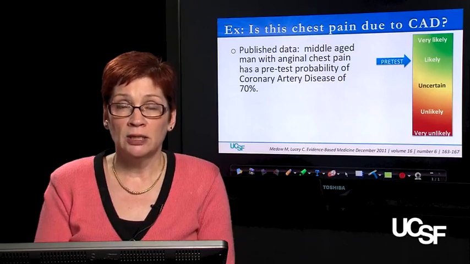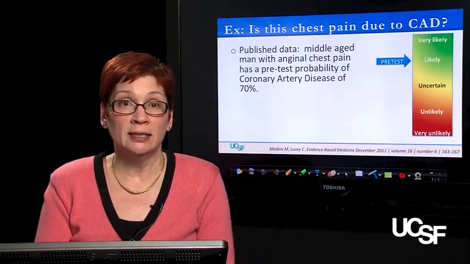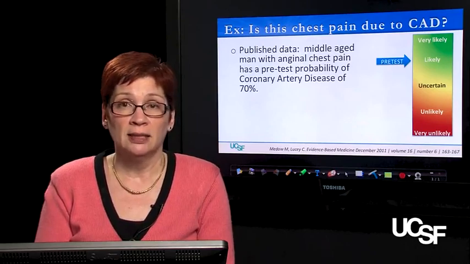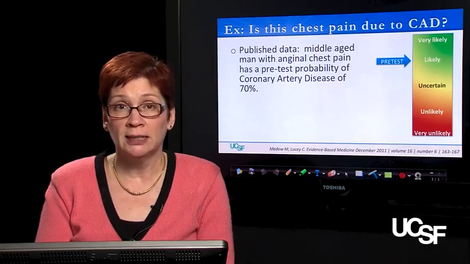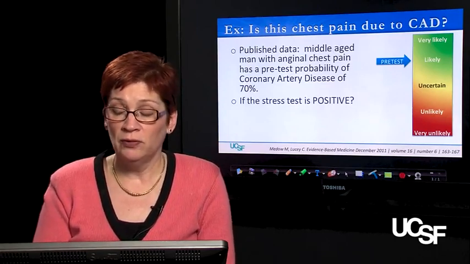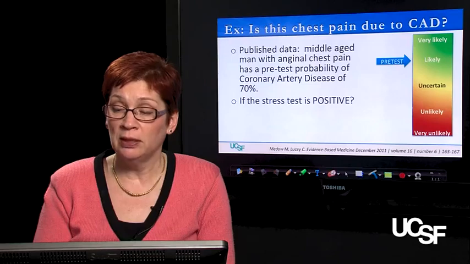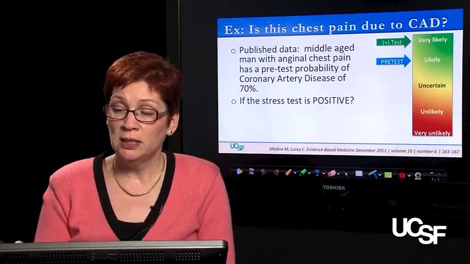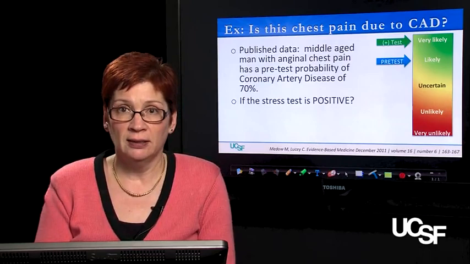If we apply our heuristic and we know that the next level test of exercise treadmill test does not have a sensitivity or specificity of 99%, but they're both pretty good tests, a positive test would move him from a pretest probability of likely to a post-test probability of very likely.